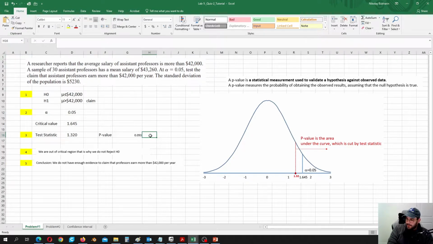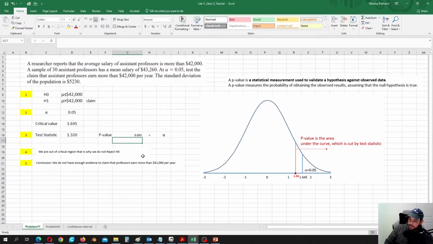So our p-value is greater than our alpha. And if the p-value is greater than alpha, then we do not reject H0.